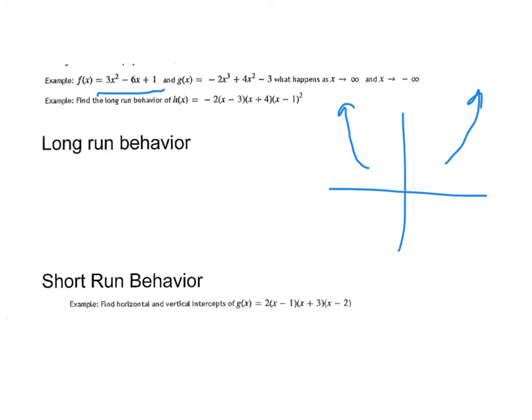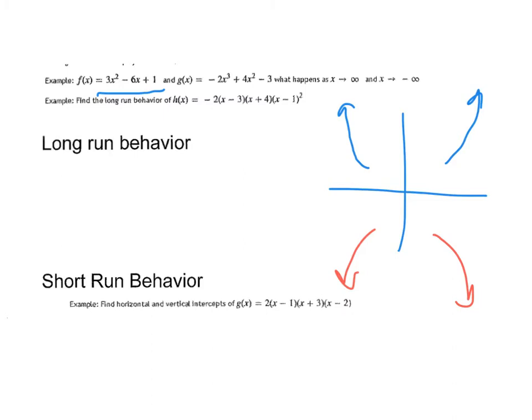Now, if it's negative, if there were negative 3x, that would be reflected around, think back to our work we did with transformations in chapter 1, that would reflect the function around the x-axis. So instead of opening up, it would open down with some stuff going on in the middle.